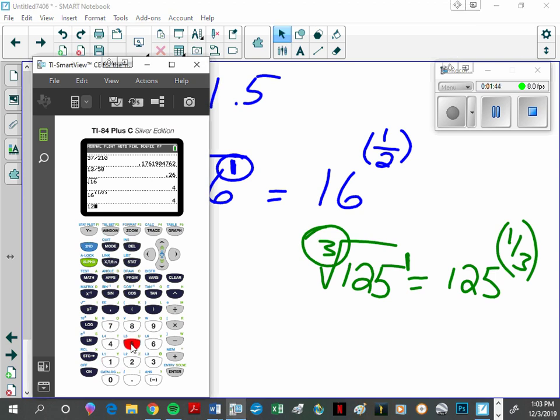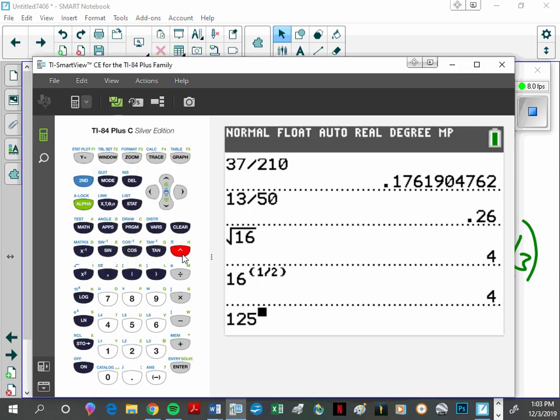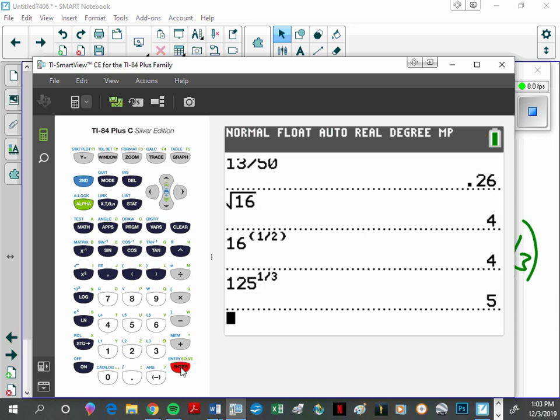So 125 raised to the 1/3. I don't have to put parentheses around it because my calculator treats them as one number, but it's a good idea to put that fraction in parentheses if you're not sure if your calculator does that or not. We get 5.